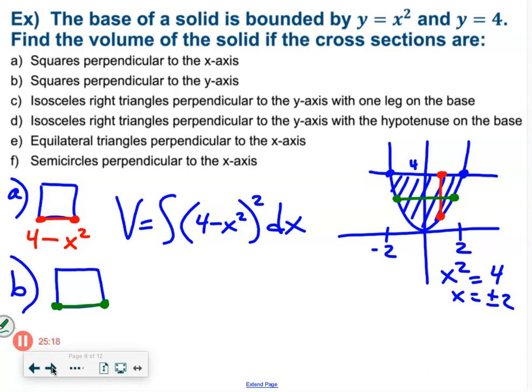So you can't do x squared and 4. You have to solve these for x in terms of y. If this function is normally y equals x squared, you need to find what it would equal if you solved it for x. If you solve for x, you get plus or minus root y. The right side of your shape is the positive, and the left side of your shape is the negative.